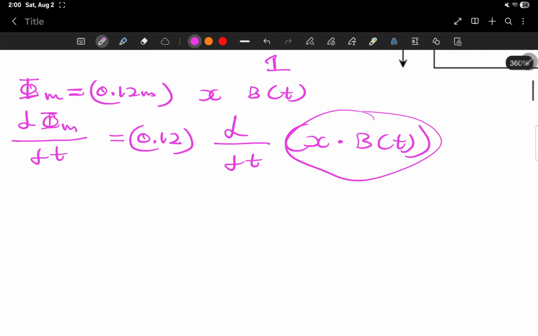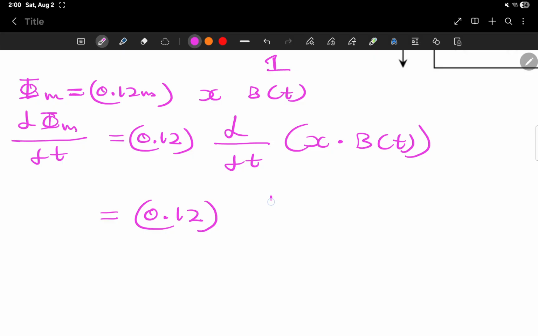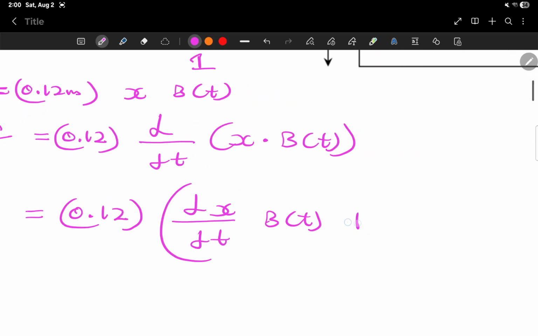Now when I take the derivative of this, I use product rule, so I'm getting 0.12, that's just a constant, it doesn't matter, dx over dt times B of t plus x times the change in B over change in t.